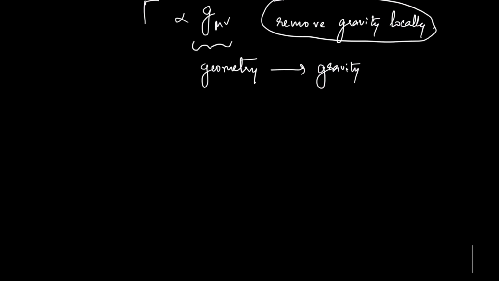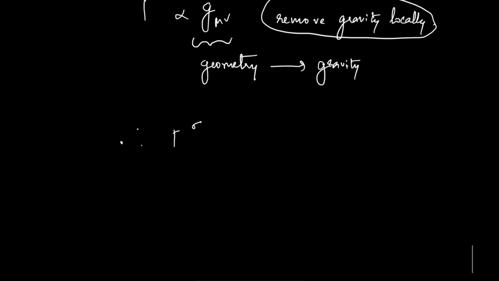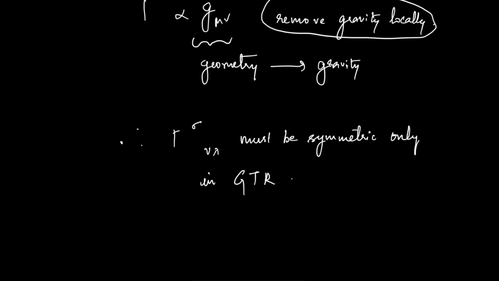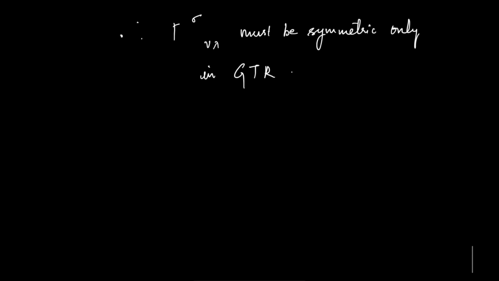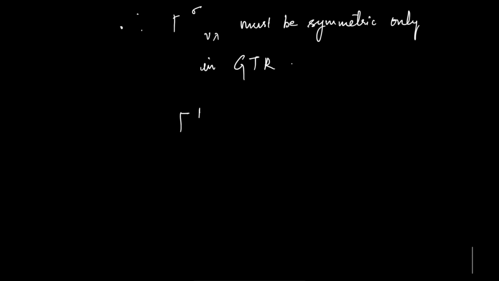Therefore, the Christoffel symbol sigma nu lambda must be symmetric only in general theory of relativity, not otherwise. The Christoffel symbol of mu nu lambda, if it is symmetric, I can write as half of Christoffel symbol mu nu lambda plus Christoffel symbol mu lambda nu.